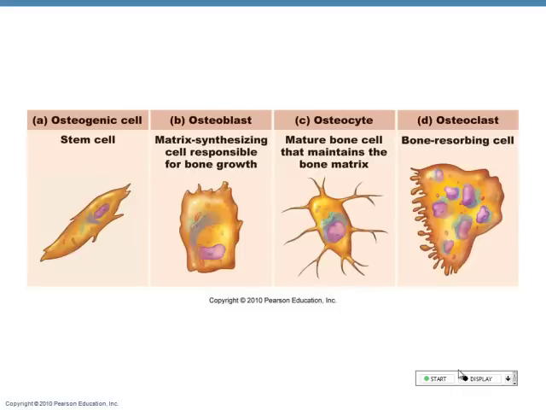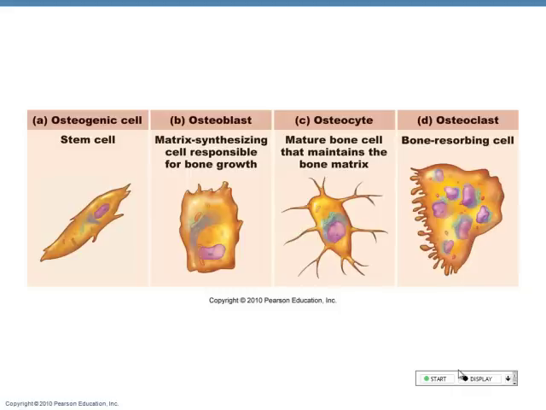So now let's talk a little bit about the guys that actually form bone. We have several different types of cells that are responsible for forming and maintaining bone. Many of them are associated with what we call the osteogenic stem cell. Anytime you hear that term stem cell, that's usually some precursor cell to somebody else.